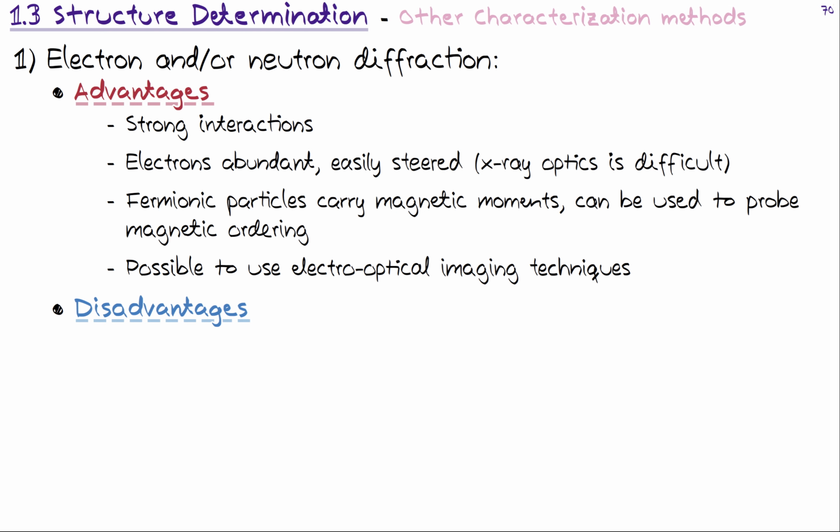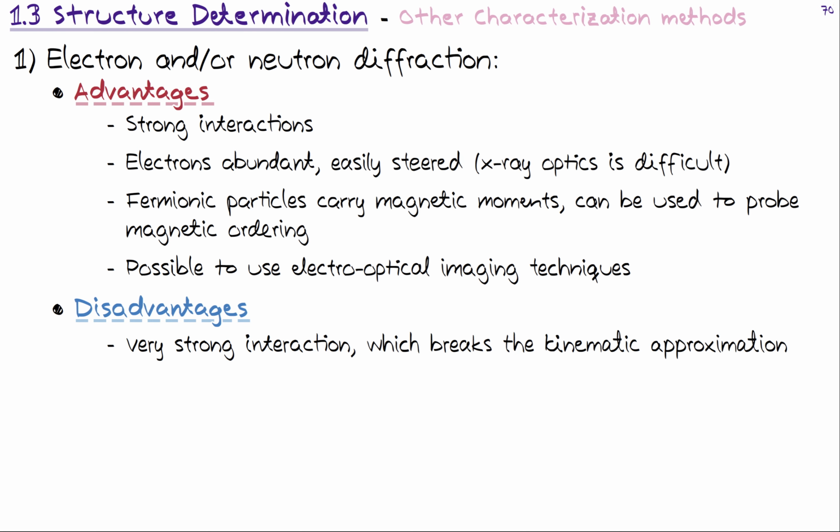Then something about the disadvantages. Sometimes strong interaction is not an advantage anymore, but it's actually a disadvantage. And when that happens, it may be the case that the kinematic approximation fails. So we started with this, if you recall, and we were saying that the X-rays just scatter once from our sample, and that's it.